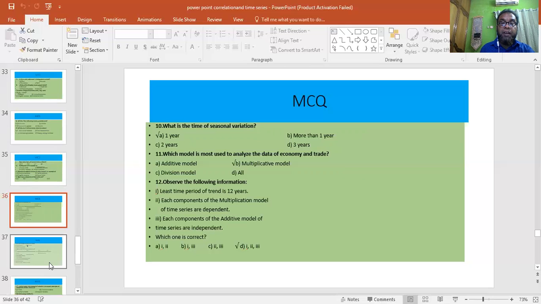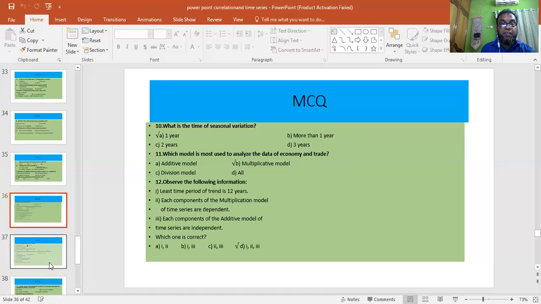Each component of the additive model of time series are independent. Yes, it is also correct. Additive model is Yt equal to Tt plus St plus Ct plus Rt.